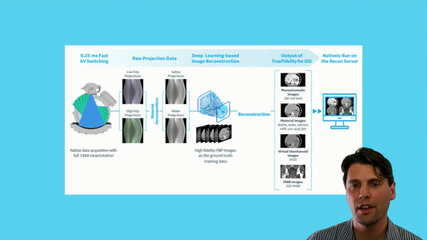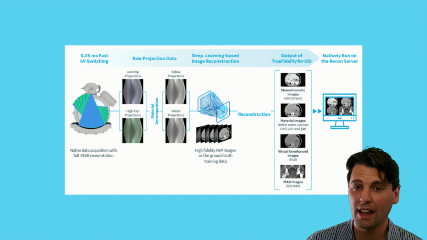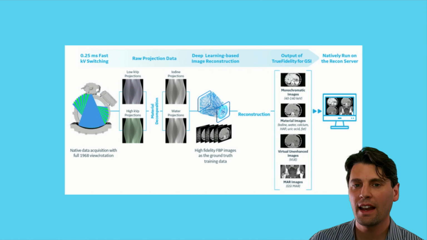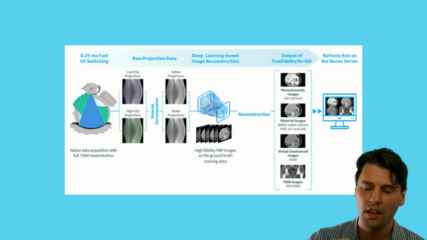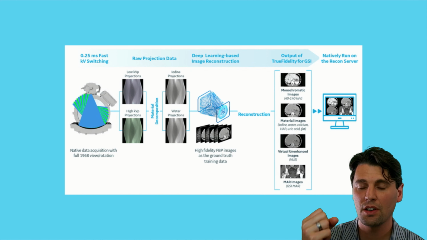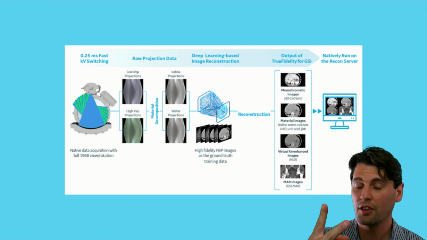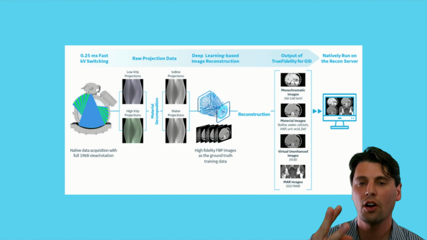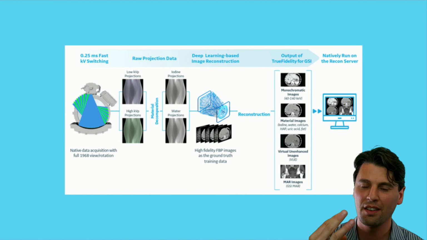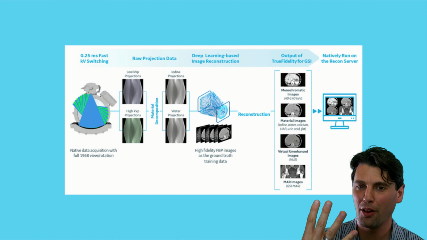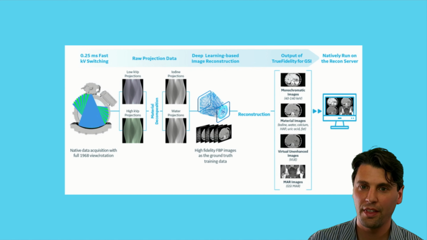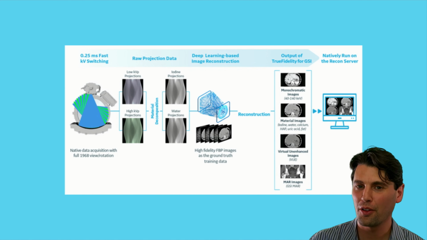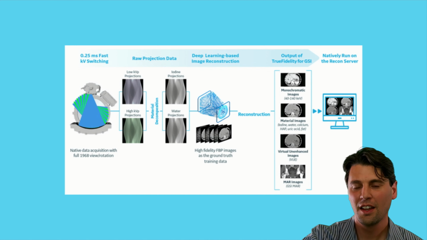The output of the networks will be water and iodine images, and those images then seamlessly go through the rest of our chain in order to generate monochromatic images and additional material images. Those are also used for our virtual and enhanced images, and we also support metal artifact reduction, for instance. So that full imaging chain can work along with this TrueFidelity for the reduction of noise in the images.